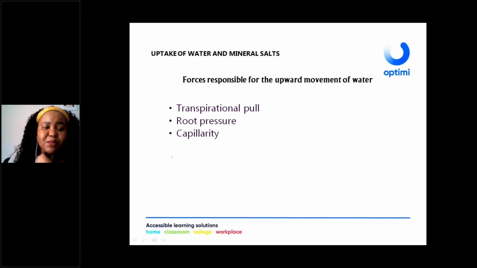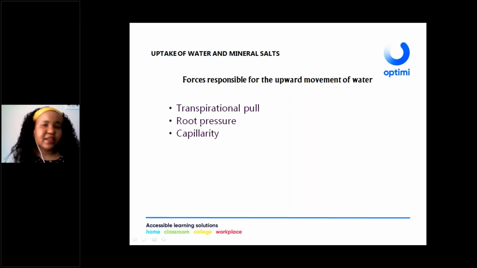What makes it possible are the forces that are created. One of the forces is the transpirational pull. We learned in the first slides that transpirational pull is created by transpiration, which is increased by those factors that we talk about: temperature, humidity, water vapor, and wind.